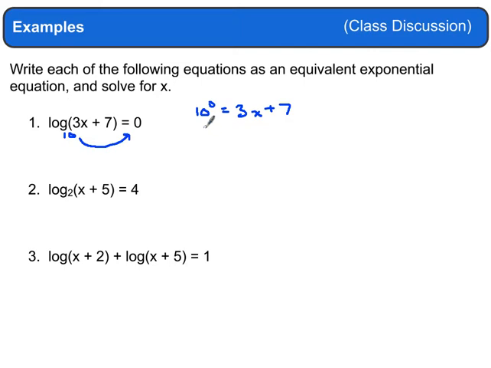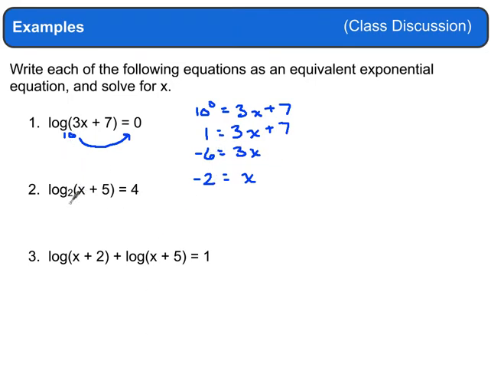Anything to the 0 power is 1, so 1 equals 3x plus 7. We subtract 7 from both sides, so 1 minus 7 gives us negative 6 equals 3x, and then we divide by 3, and x will equal negative 2.